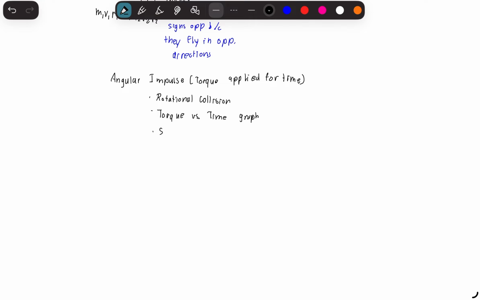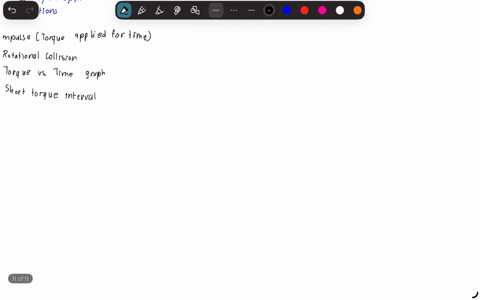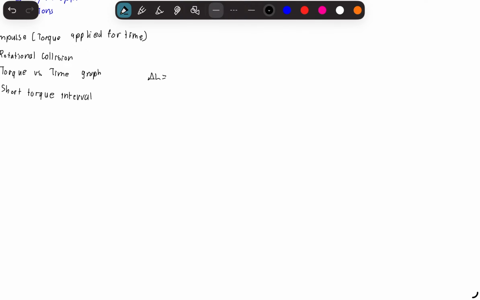And also, when you have a short torque interval, when you're examining it over a brief amount of time. So that's when you have delta L, angular momentum, is equal to the torque times the change in time. L final minus L initial is equal to the torque times the change in time. I, the moment of inertia, times the angular velocity final minus I times the angular velocity initial is equal to the torque times the change in time.